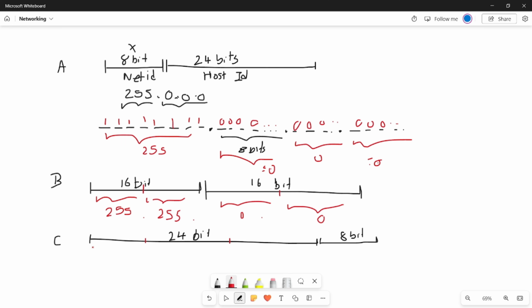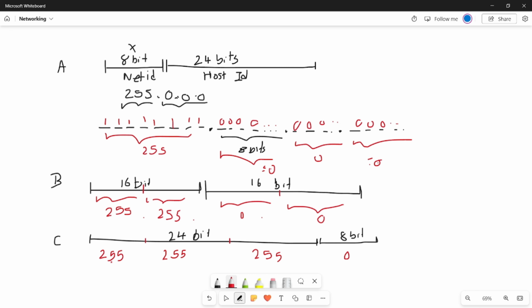The first 8 bits is for network, so we cannot use it, so I will indicate it as 255, and the second also 255 because we cannot use it, and the third is also 255 because we cannot use this, and the only part that we can use is this, so we can indicate this as 0.